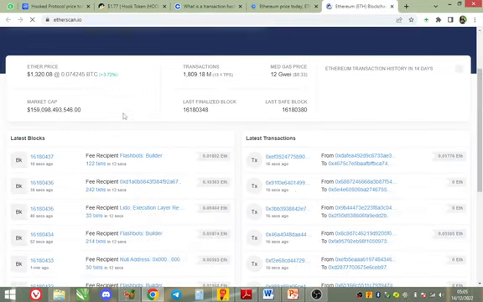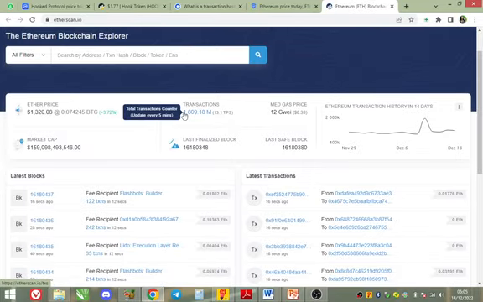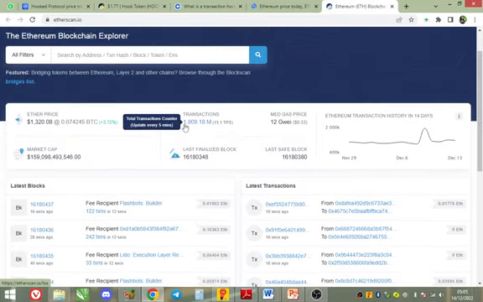So this is Etherscan. You can see the number of transactions that have taken place since the beginning: 1.8 million transactions.